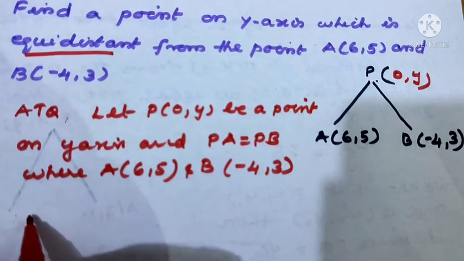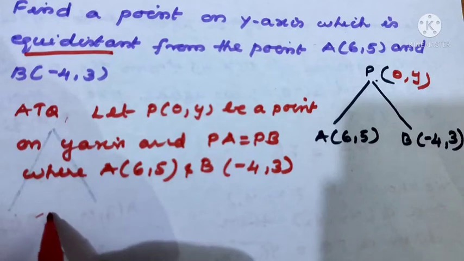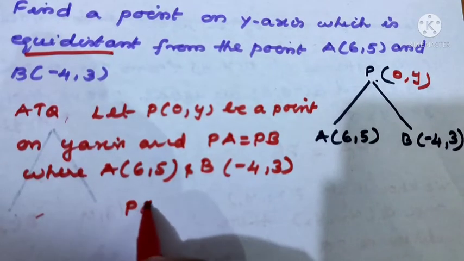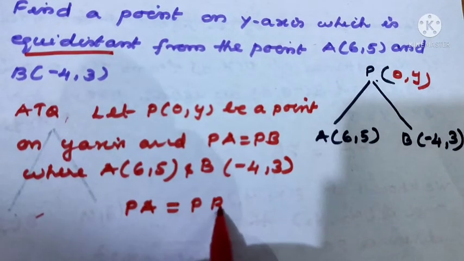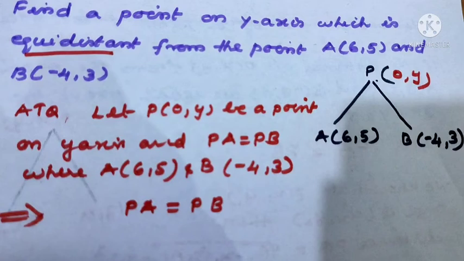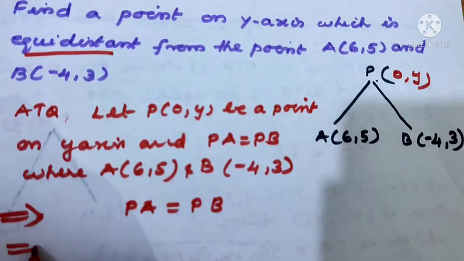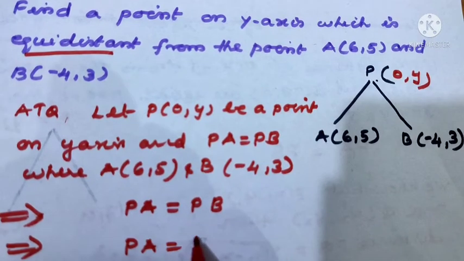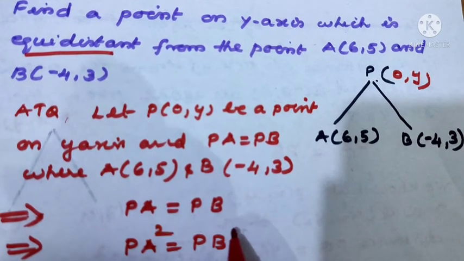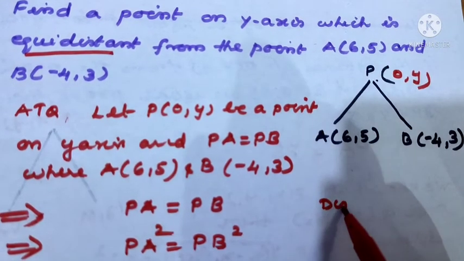Okay, now PA equal to PB. So by the distance formula, (6 minus 0) whole square. For removing the root, we are doing the square also. If PA equals PB, then PA square equals PB square also. So I will write the distance formula here.